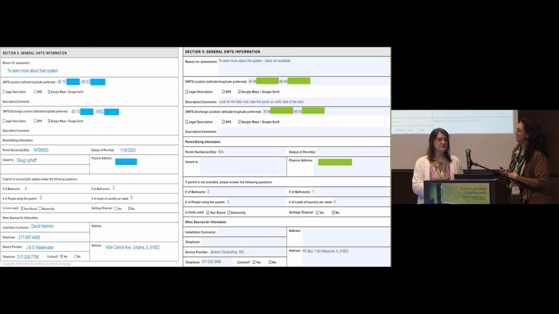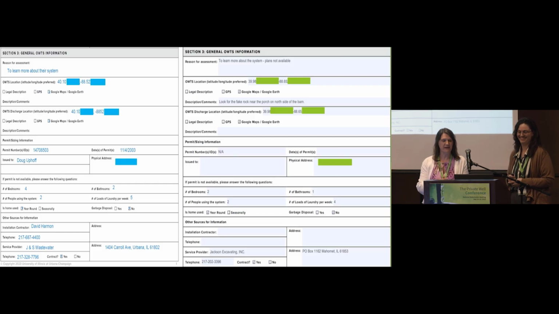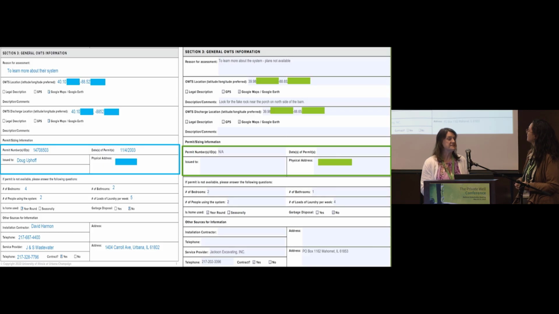So going back to the assessment tool, my screen here is cut off a little. So you can see that you have the fillable PDF. And since I had the permit, I was able to fill a lot of this information out. So you can find out who the owner was whenever it was installed and enter that.